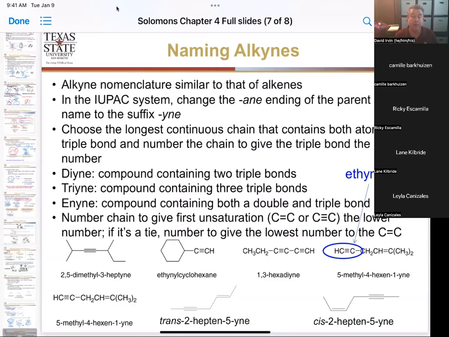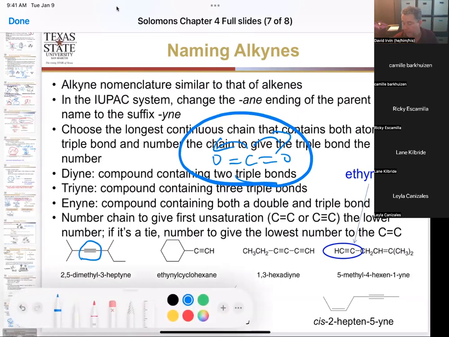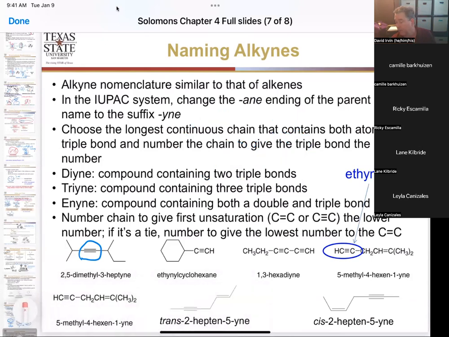Now, you can have an sp hybridized carbon, for example, in CO2. Notice this is not an alkyne because we have one double bond on one side and one double bond on the other side. They both have to be between the same two carbons. So that's the difference. You must have a triple bond.